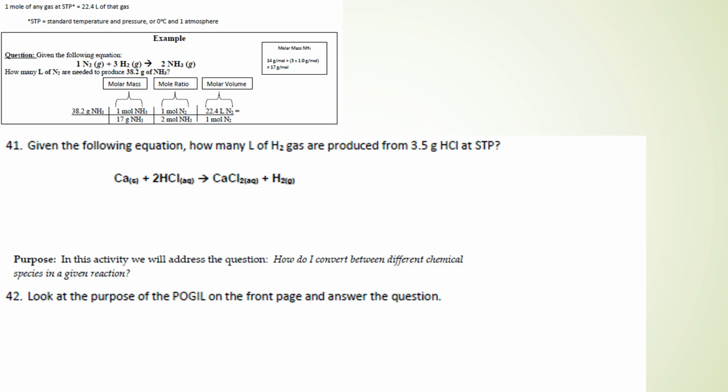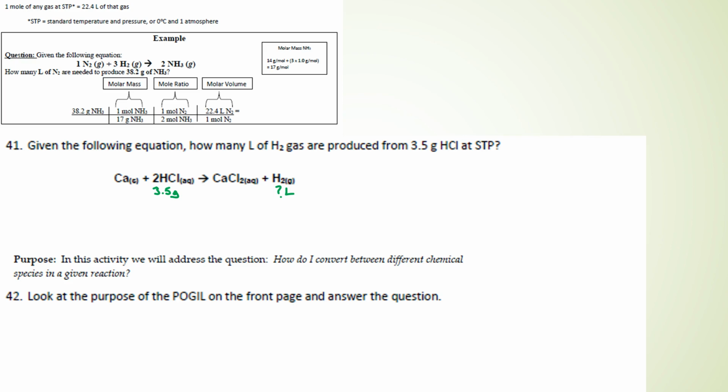It says, given the following equation, how many liters of H2 gas are produced from 3.5 grams of HCl? So I'm starting with 3.5 grams of HCl. I want to know how many liters of H2 gas. Hydrogen is a gas, so can I use the molar volume constant? Yes, it's a gas.